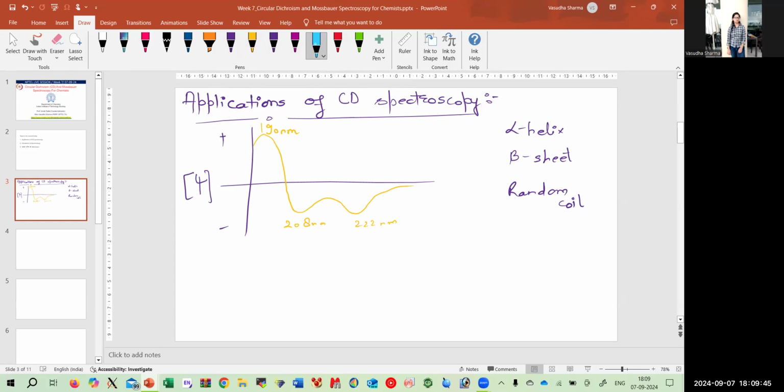Then the beta sheet would also start from the positive end at 195, and give a broad peak at 218 nanometer, which is in between the two.